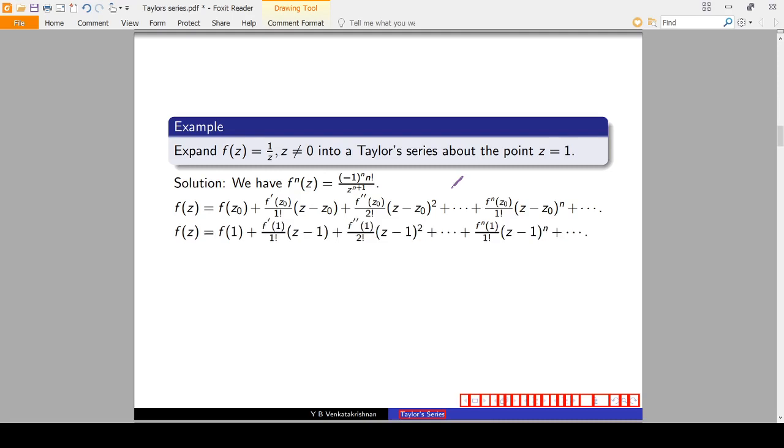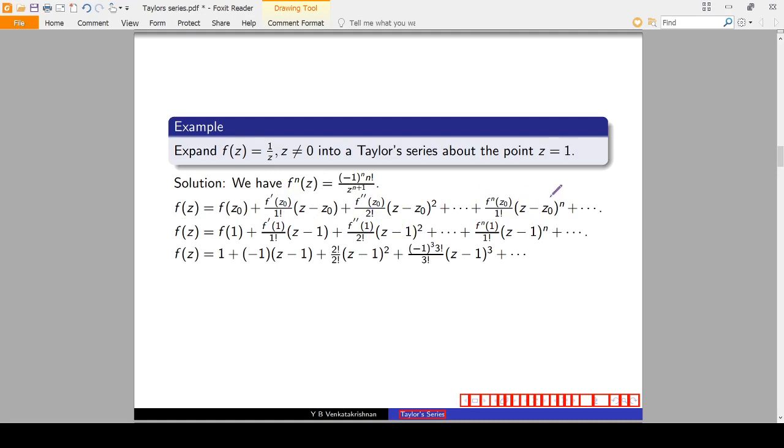Here we have taken z0 is equal to 1 because the expansion is required about z is equal to 1. So I have to replace z0 with 1. And now I will have z minus 1 here, z minus 1 the whole square, similarly z minus 1 whole power n, and f dash of 1, f double dash of 1 and so on.